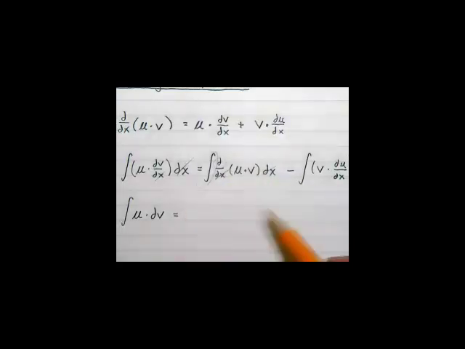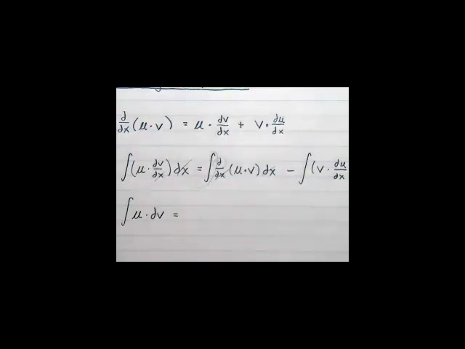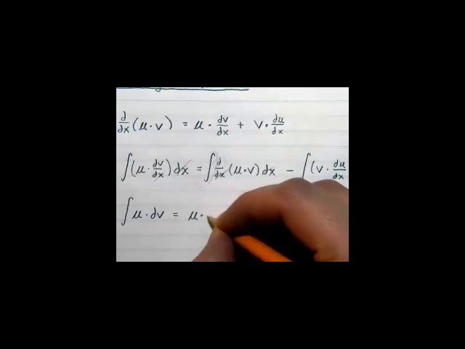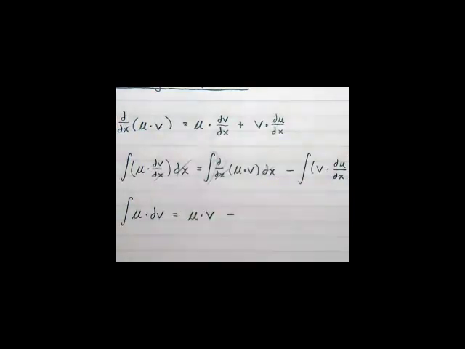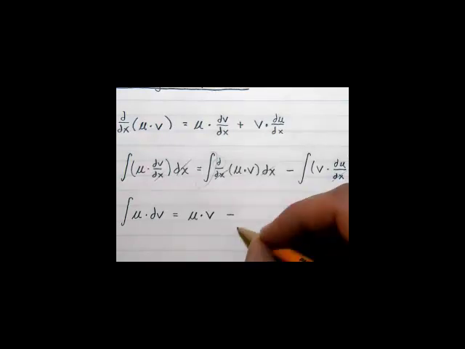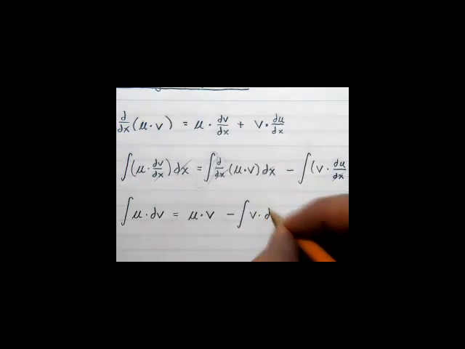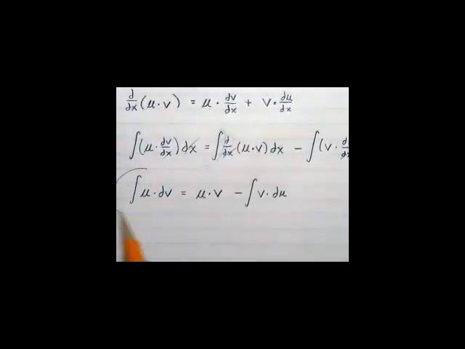So this is the integral of a derivative, so it's just gone. And this last one, kind of like the first one, the dx's are going to cancel each other. So I've got the integral of v times du. So I've got this formula.